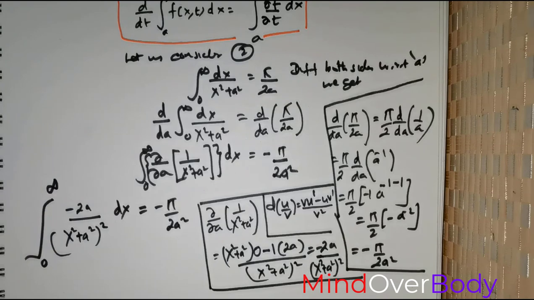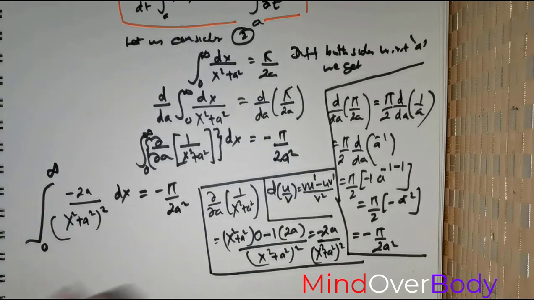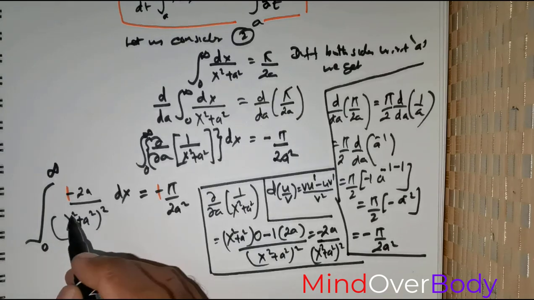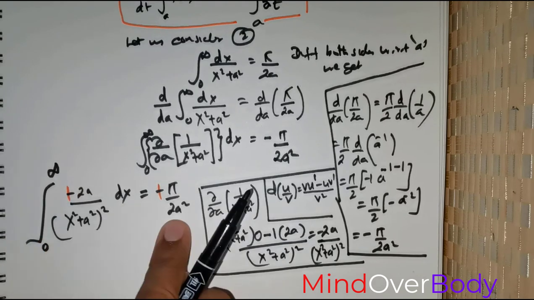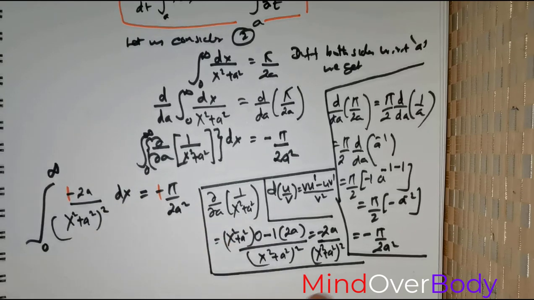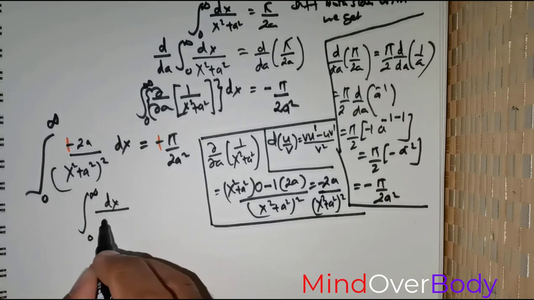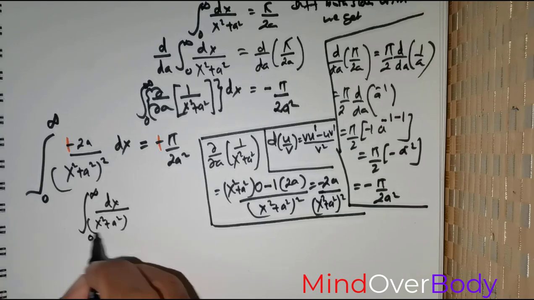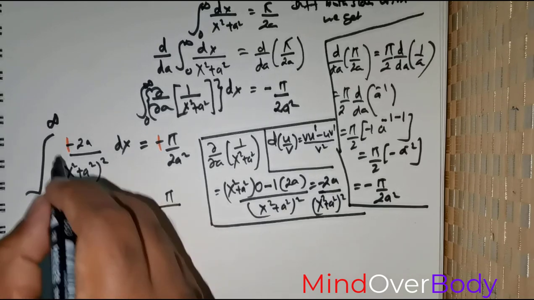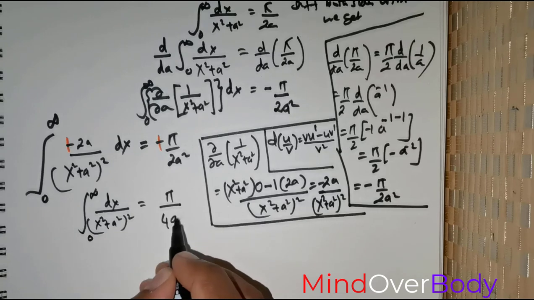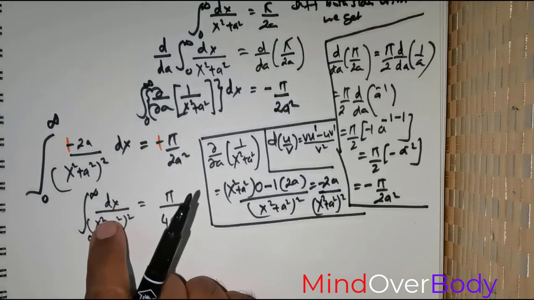Now clearly we can get rid of these two negatives, and then push everything to the right hand side. So this is going to be integral 0 to infinity dx over x squared plus a squared raised to the power of 2 is equal to pi over, I push this, I get 4 times a raised to the power of 3.